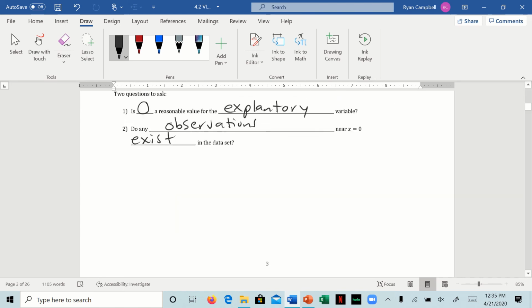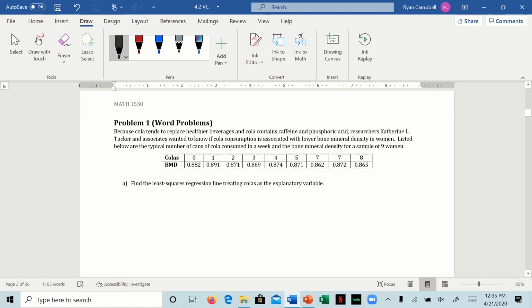All right, so let's look at problem number 1 in our word problems. We've already looked at this one, right? We looked at this in video 4.1. If you haven't watched that, go back and watch video 4.1. We'll definitely need that for this section. But let's find the least squares regression line when we treat colas as the explanatory variable.